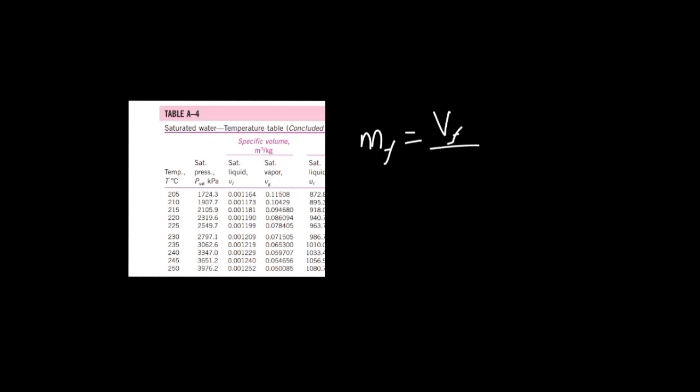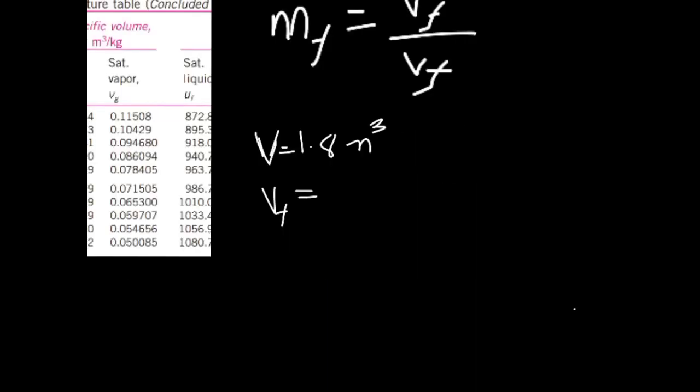First, we're going to identify the given. The problem stated that we have 1.8 cubic meter, and for saturated liquid one-third. Then we're going to find the specific volume.